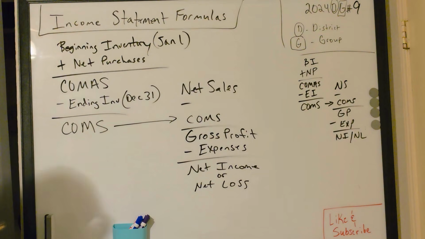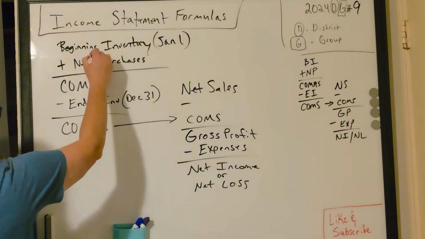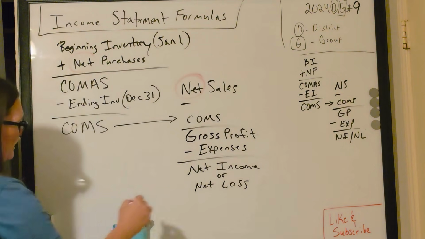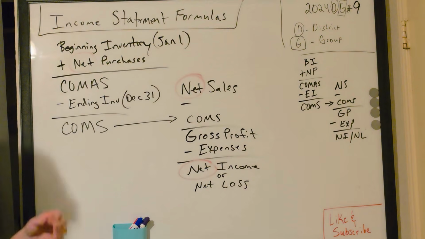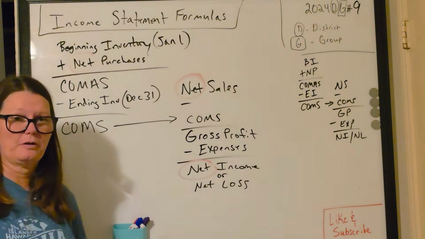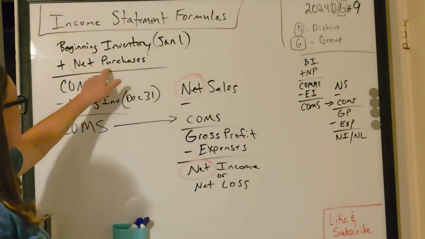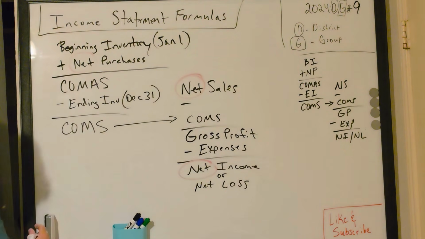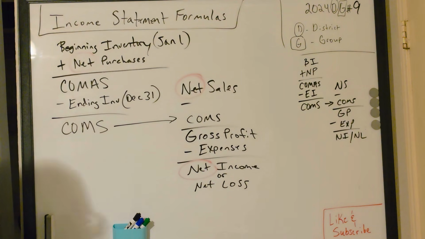Okay? Now, I want to focus real quick on net. So when you see net, this means you've subtracted out the things that take away from that account. Okay, so let's go down here and I'm going to talk about how to get net purchases, because there is a calculation to find net purchases.